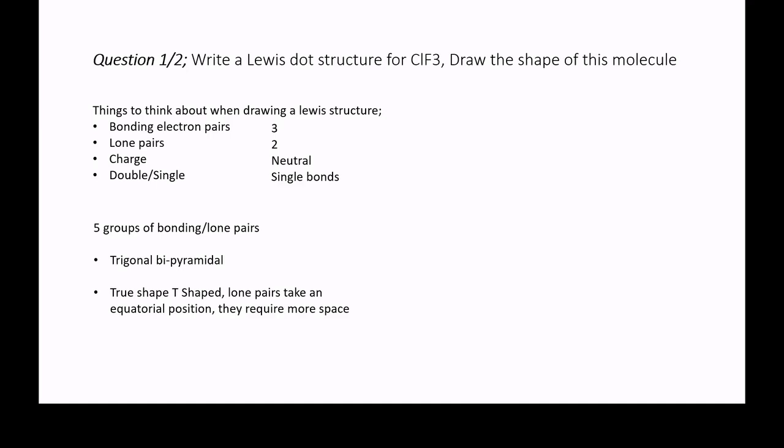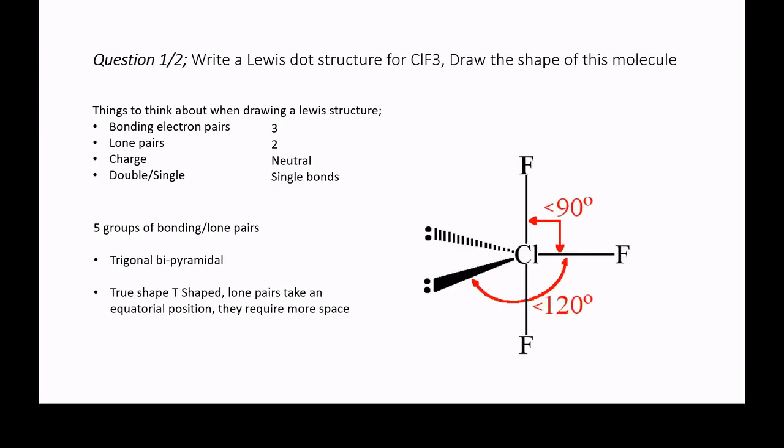These lone pairs take up more space than the bonded pairs. This means that they want to be in an area where there are fewer electron groups. In this case, that would be the equatorial position, leading to the true shape of this ClF3 actually being T-shaped, with the 2 lone pairs pushing the fluorines downwards.